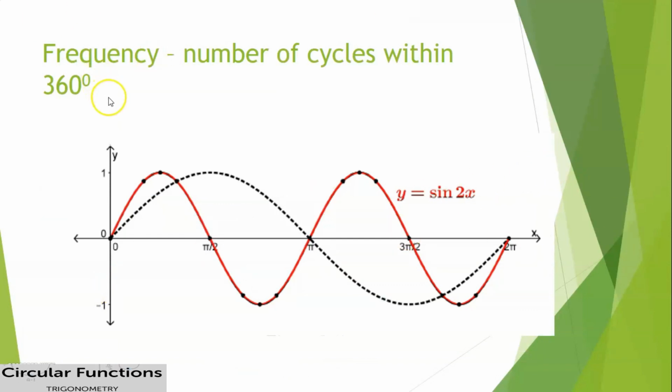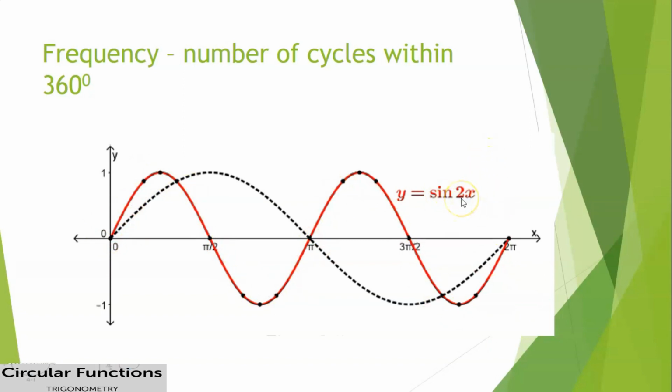Okay. Now, frequency is the number of cycles within 360 degrees. For a clearer picture, this broken graph here is the graph of sine x, while the red graph is the graph for sine 2x. So what is the difference?